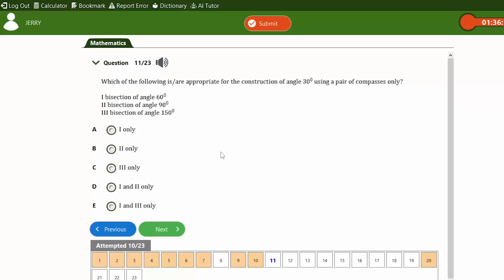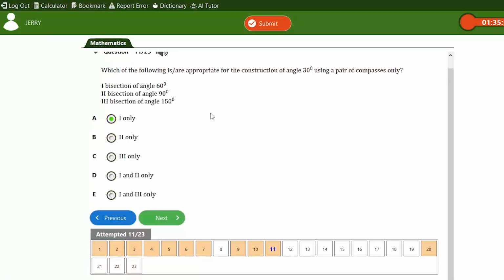The first option there is bisection of angle 60, or bisection of angle 90, or bisection of angle 150. The correct option there is A, that's I only, bisection of angle 60. When we do that, we get angle 30 degrees.